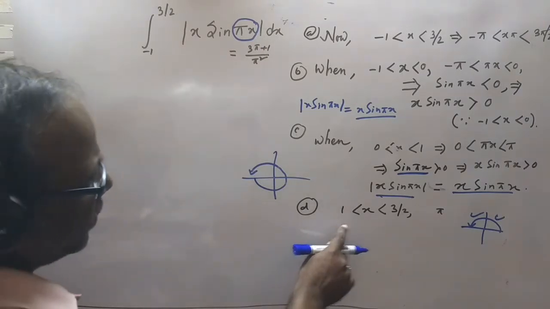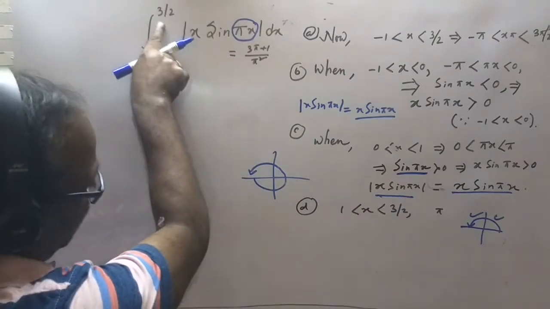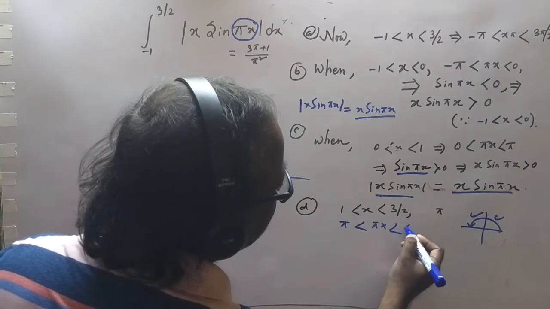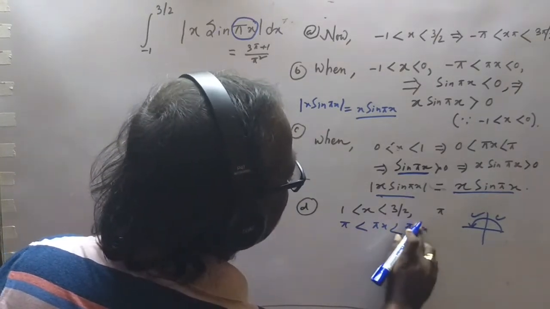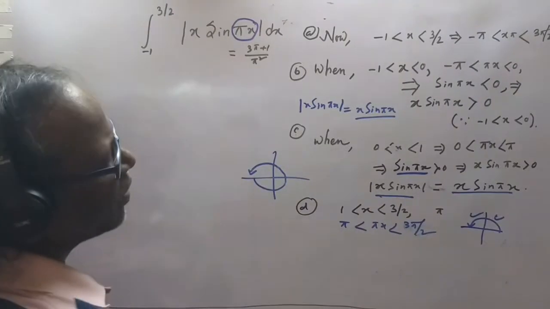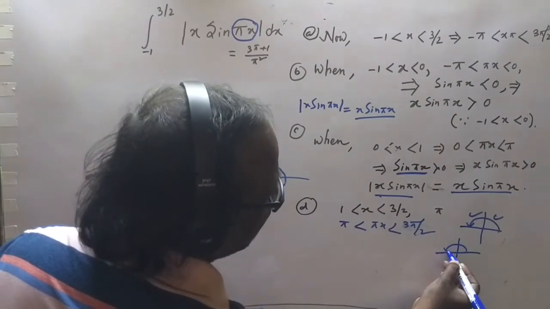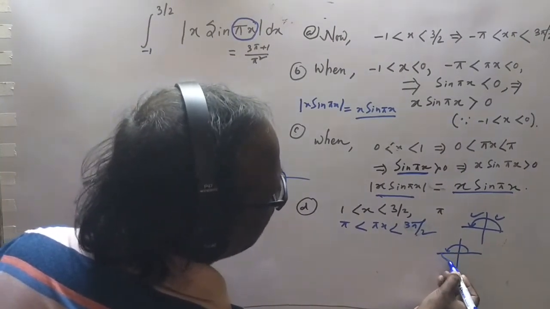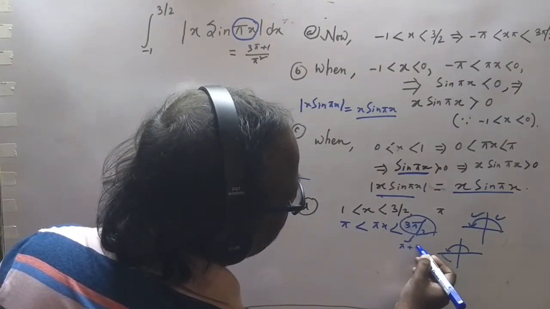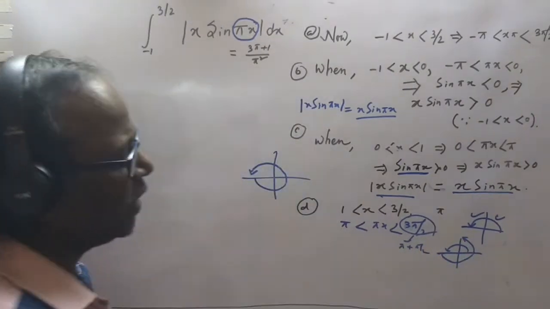Again see here, ending at the point 1. After that we take 1 to 3/2. See here, this is up to 3/2, and again multiply by pi. This is pi x and this is pi to 3π/2.